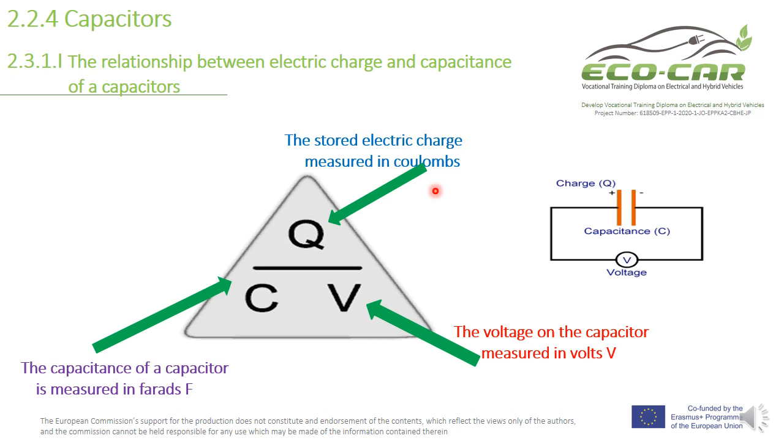The stored electric charge depends on the voltage and on the capacitance. So more farads means more stored energy in the capacitor. This is the formula between the charge, how to store energy, compared to the capacitance of the capacitor and the voltage.